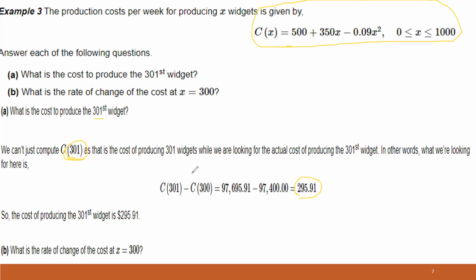You think you got it? So when we plug in 301 in this function, when x is equal to 301, we're going to get this value.